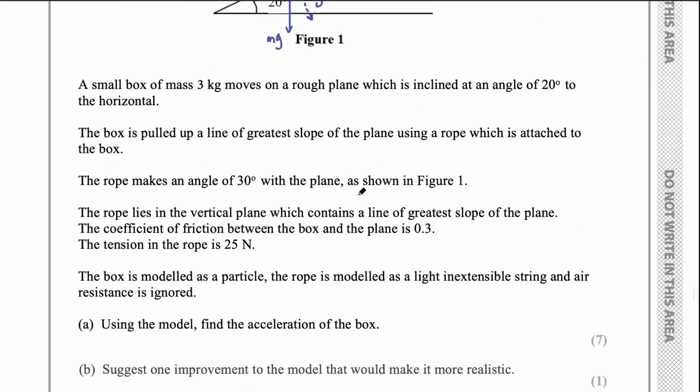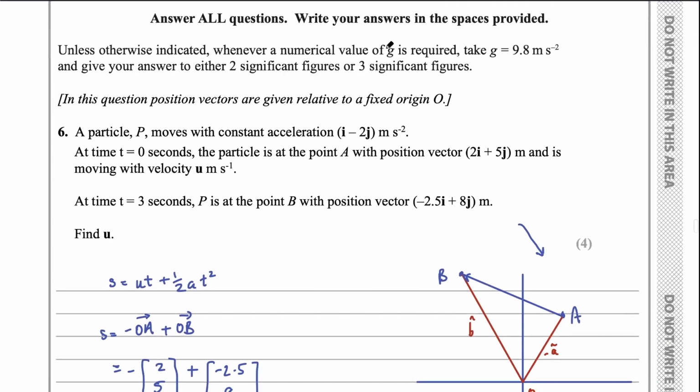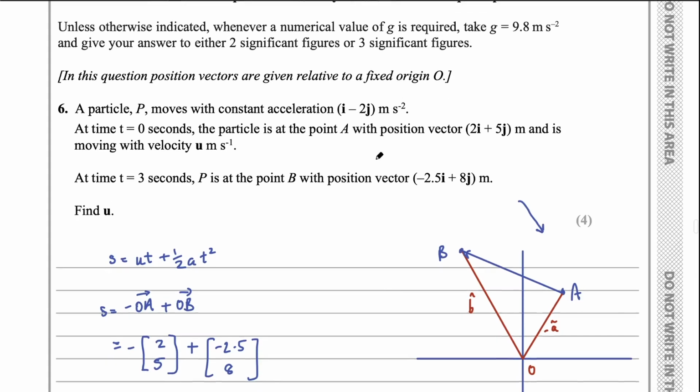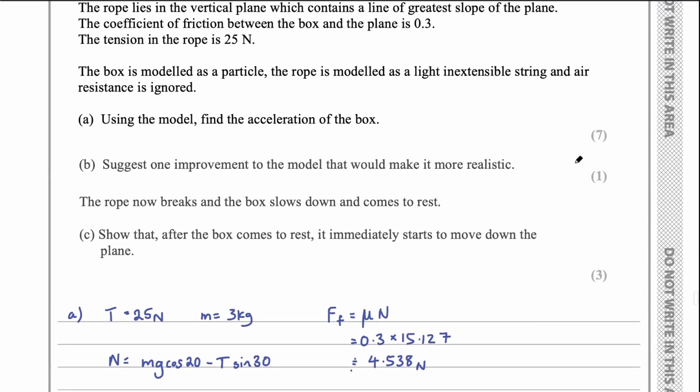It was up here. If we use g as 9.8, give your answer to 2 or 3 significant figures. So we could do 3 significant figures here. So this is going to be approximately 2.35 meters per second squared for the acceleration. So that was part A for 7 marks.